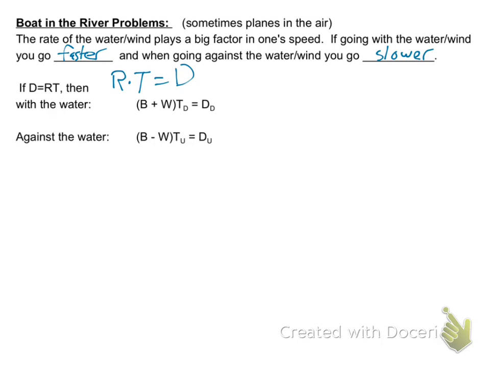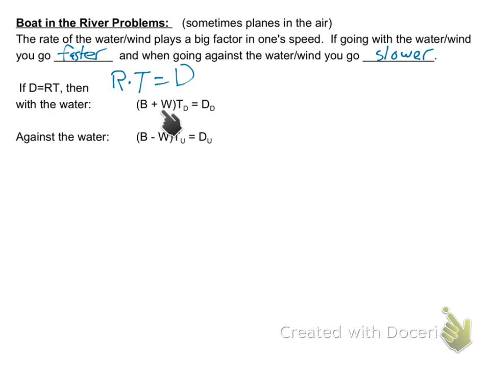If you are going with the water, you have your boat and you're rowing it with the water, what happens is that your speed, B, the speed of the boat, and the speed of the water, W, combine to create that new speed.